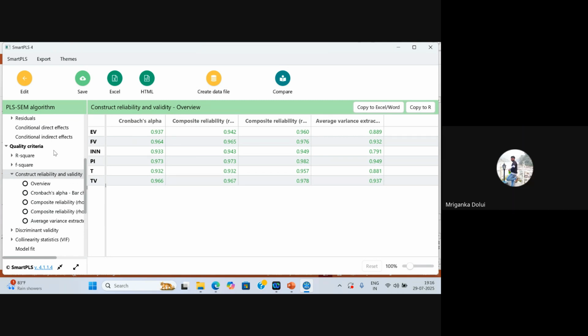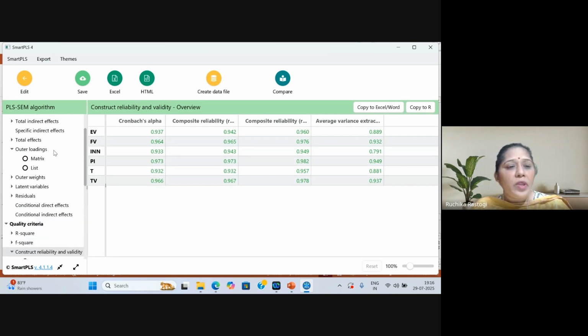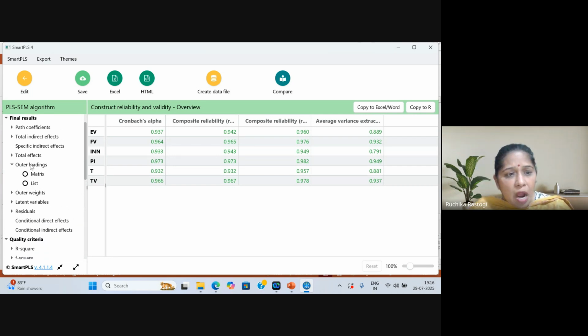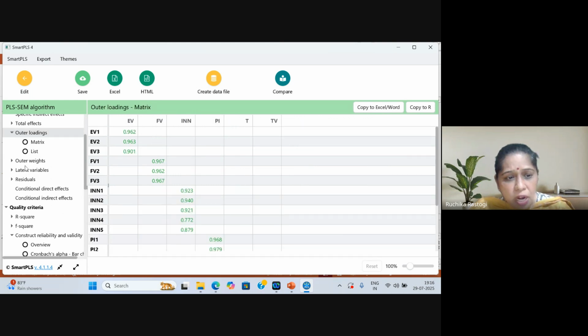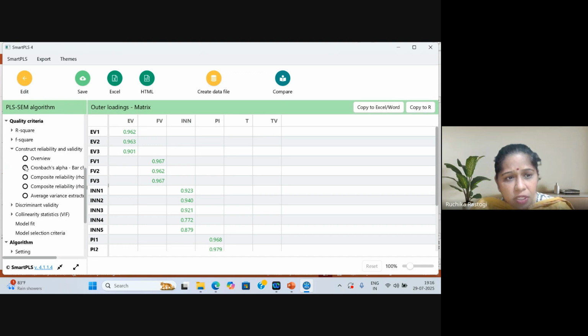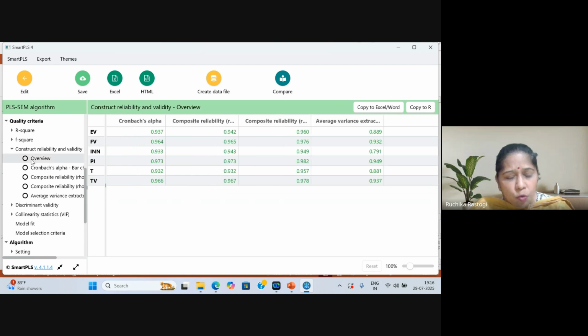Now, you have to click on outer loadings. As soon as you click on outer loadings, you will see downwards the quality criteria. Under the quality criteria, click on overview under the construct reliability and validity.